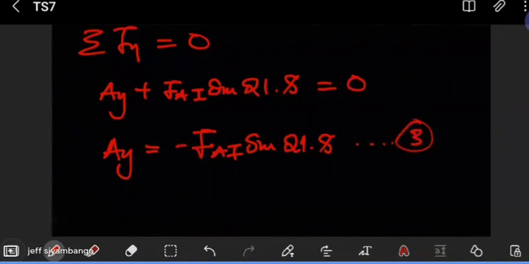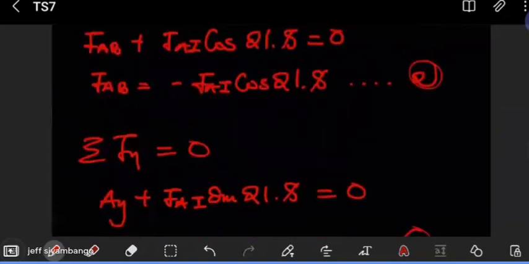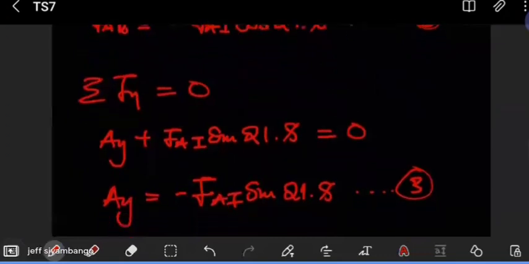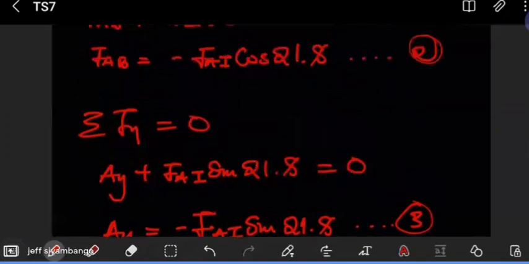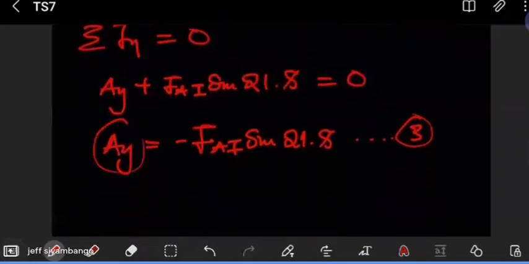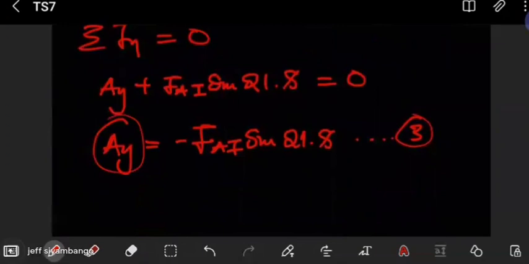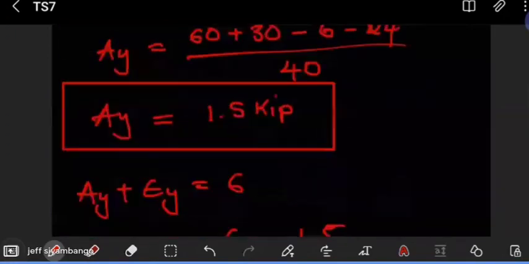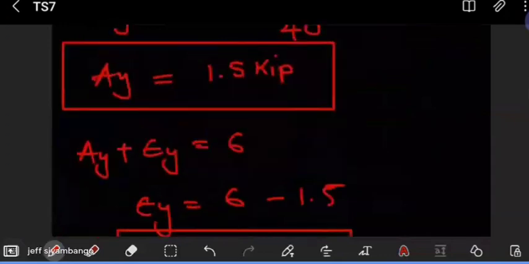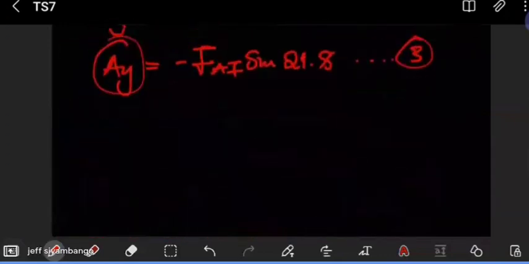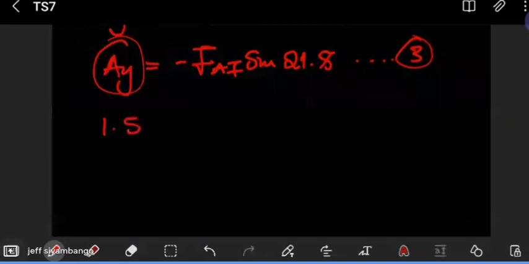From here, we can now combine these two equations. Did we leave anything here? Well, we did not. But we do know what AY is, right? What was our AY? Let's go up. AY is 1.5. So equation 2 can actually be simplified further. Since AY is 1.5, we can put 1.5 here, then minus FAI sine 21.8.